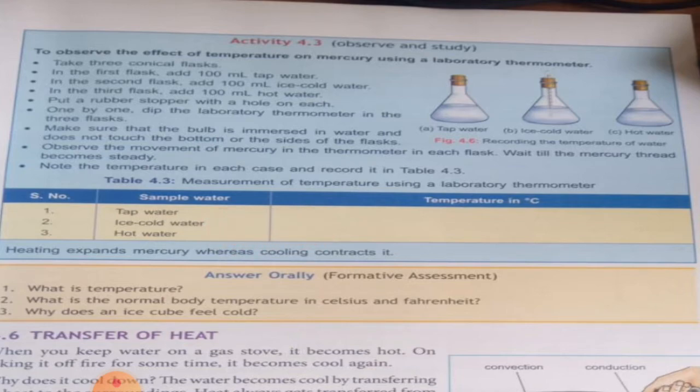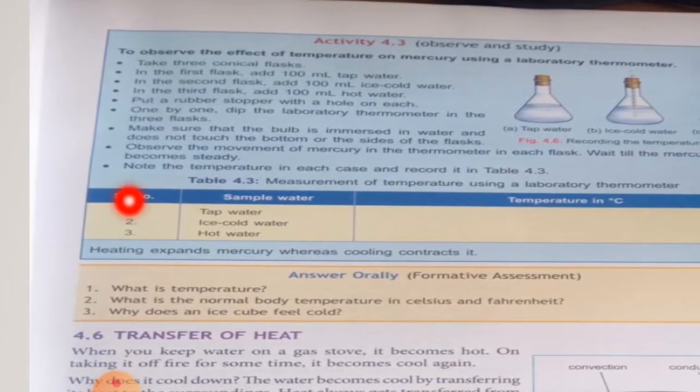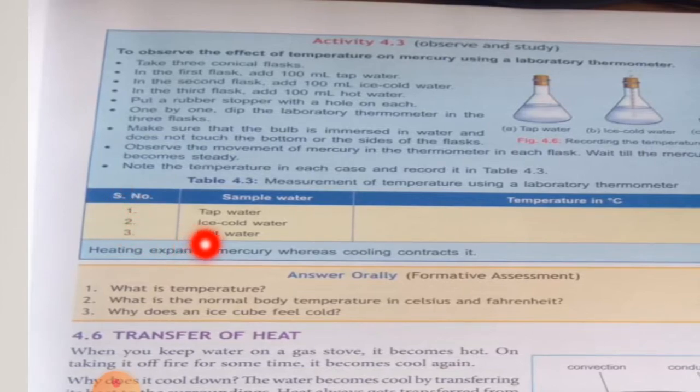Now in this activity, one line more. Heating expands mercury whereas cooling contracts it. So heating can expand the mercury level of the laboratory thermometer, whereas cooling contracts the level of the mercury in the laboratory thermometer.